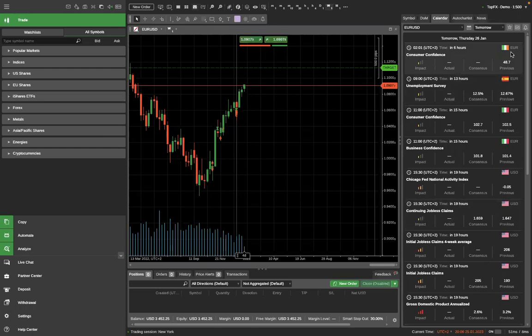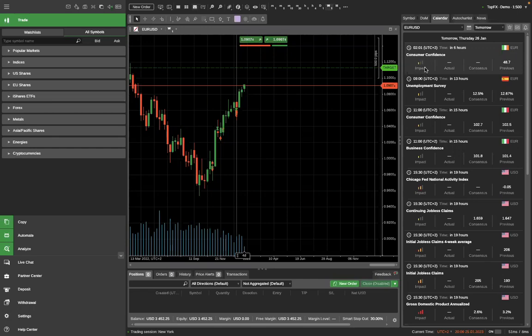The consumer confidence from Ireland is scheduled for release in 6 hours. That's the exact time, but this clock will automatically adjust to your time zone. So in 6 hours, we have data from Ireland that should affect the euro mostly.